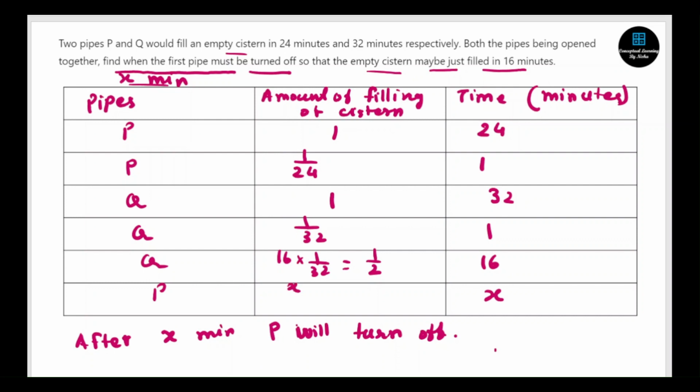So it will fill X upon 24 of the cistern. Now see how much tank is filled in 16 minutes: 1 half plus X over 24, that is 1. The whole tank is full, right? So X over 24 plus 1 half is nothing but 1 whole tank. When I solve this, I get X equals 12. So pipe P will turn off after 12 minutes, so that the empty cistern will be filled in 16 minutes.